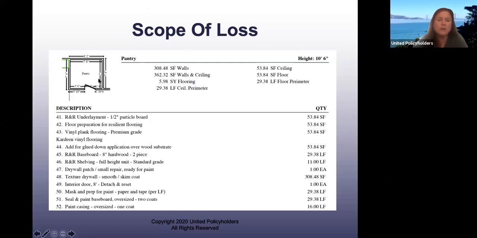So right here, sometimes this is pretty easy to see. This is the little diagram of the pantry. This is a real simple one. Sometimes they're really complicated and really hard to see the diagram. But what you want to do is figure out if the room is basically the right size. So that's the first thing you want to do.